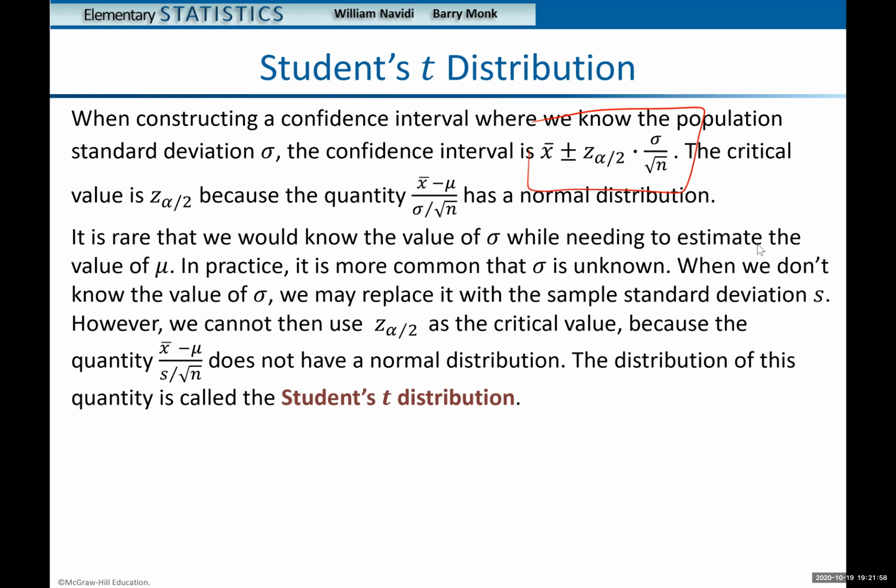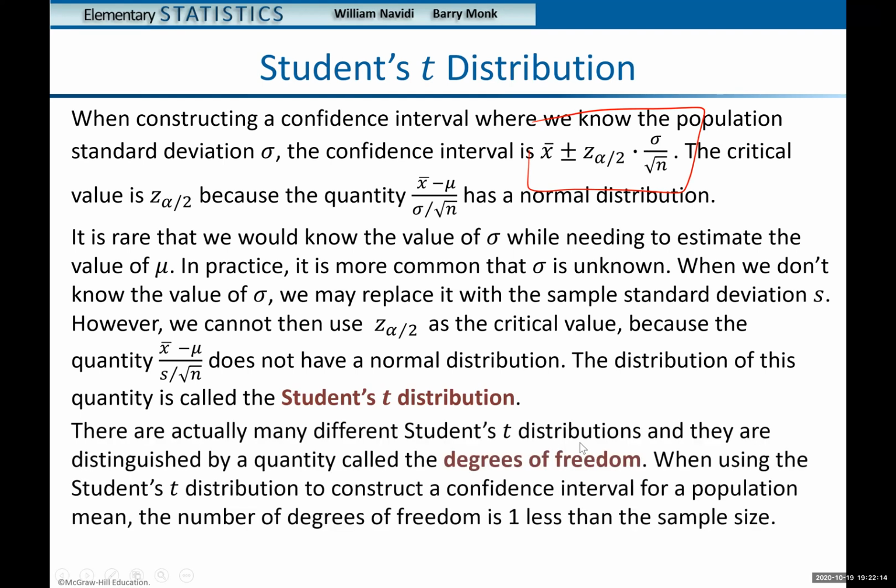In practice, it is more common that sigma is unknown. When we don't know the value of the population standard deviation, we may replace it with the sample standard deviation. And when we use that, we use the student's t distribution. Whenever we use t distribution, we always use degrees of freedom, which is equal to n minus 1, your sample size minus 1.